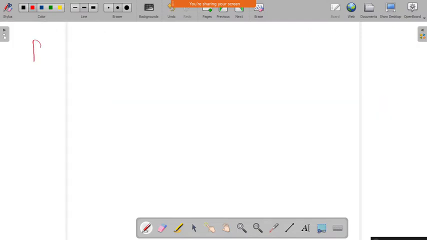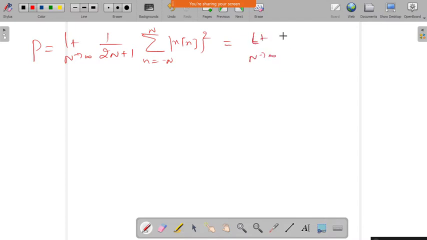Okay, so take this one and try to get the value. Summation n equal to minus N2 plus N of |x[n]| whole square, which is equal to limit N tends to infinity 1 over 2N plus 1 summation n equal to minus N2 plus N, 2 into e power j3n, so this is squared.